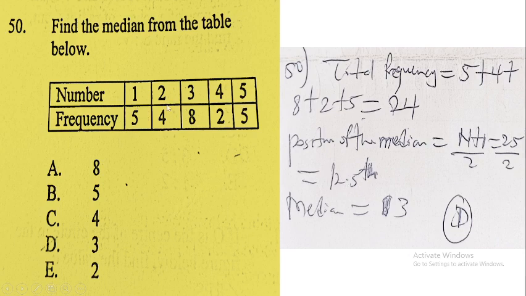If I start adding these frequencies together, wherever I get to 12.5, that is where the median is located. 5 plus 4 will give us 9. 9 plus 8 will give us 17. So 12.5 will fall in this range. So that means out of the 8 threes that we have in this data, one of them is the median. So that is why the median is 3. The median is 3, which is option D.